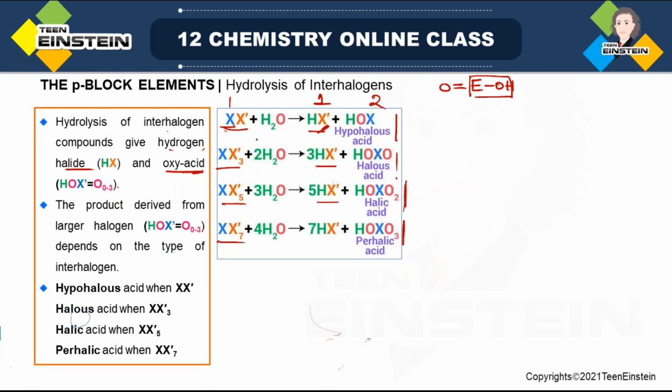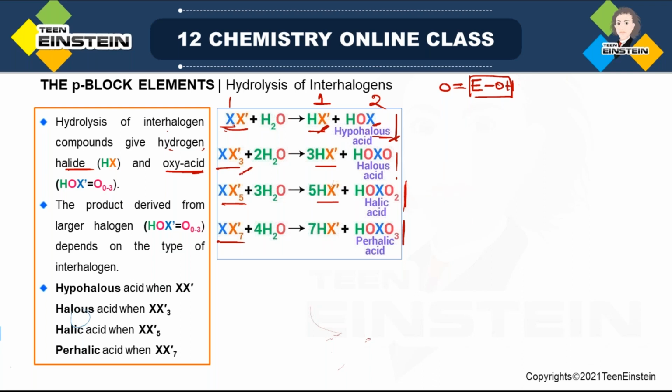So when you have taken 1:1 type, you are getting the type HOX, where this halogen is actually the larger halogen, that is the blue one, and it will be called hypohalous acid. This is the general term. Suppose if X is Cl, it will be hypochlorous. If X is Br, it is hypobromous. So in this way the name will change.